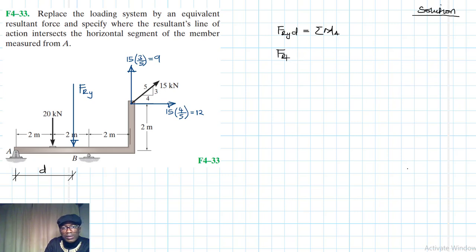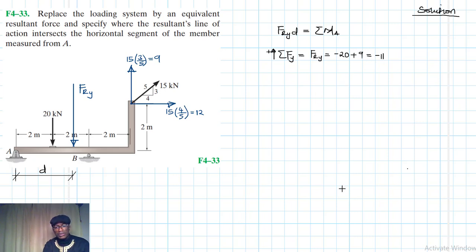And then FRY, or we say summation of forces in the Y going up in our reference, this is equal to FRY, which is equal to minus 20 plus 9, which is equal to minus 11, right?